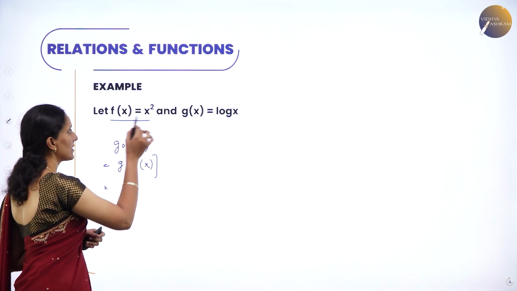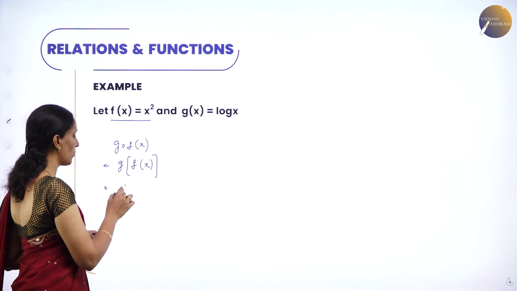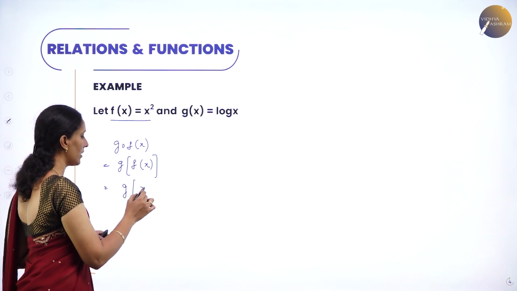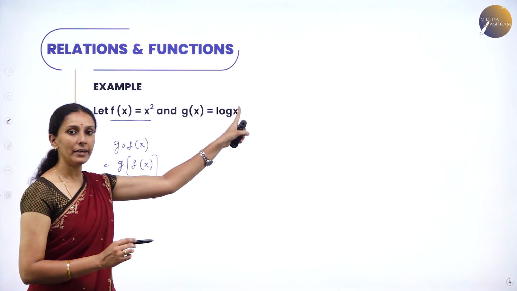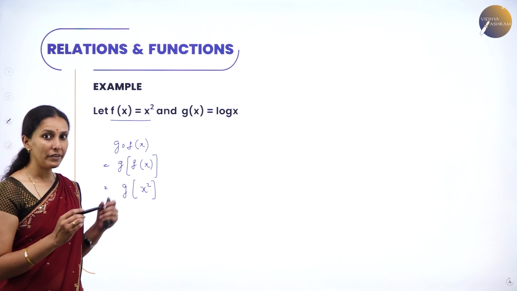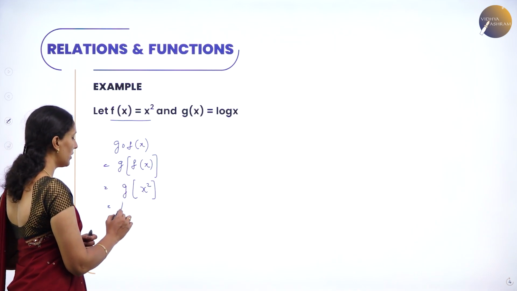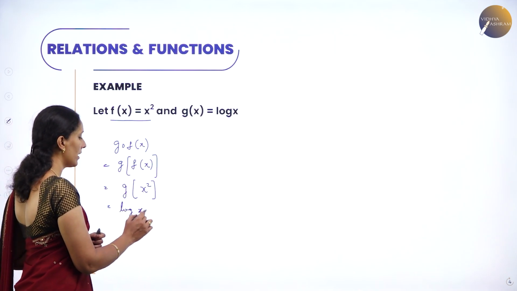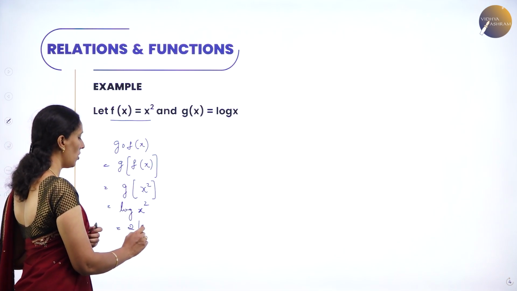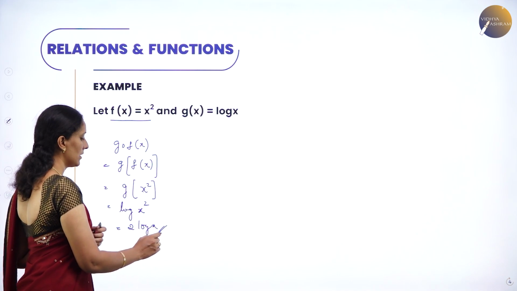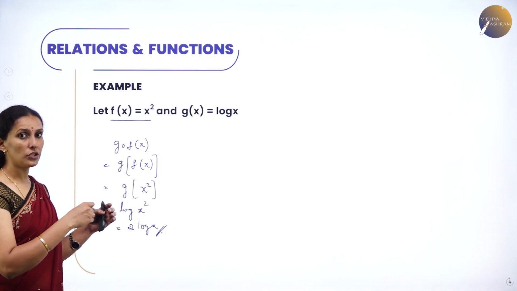So f of x is nothing but x square. So we can write x square here. Now suppose if we have g of x, we will write it in the form of log x. Here we have x square. So therefore this can be written as log x square. Also we can write this as 2 log x. See, this is what the composition of g naught f.